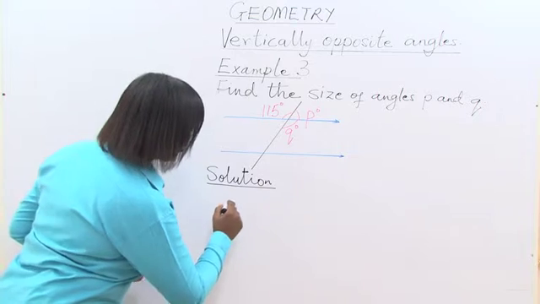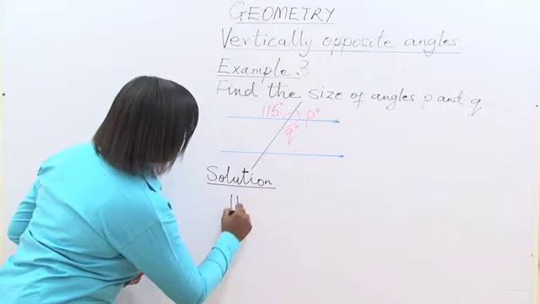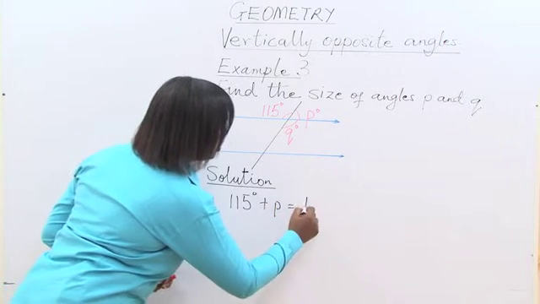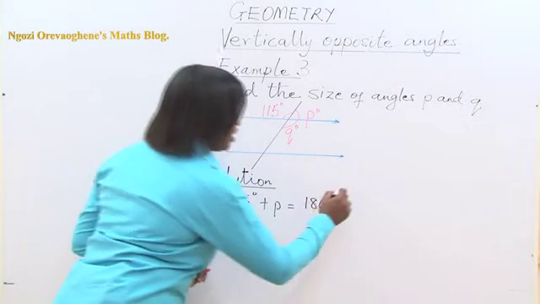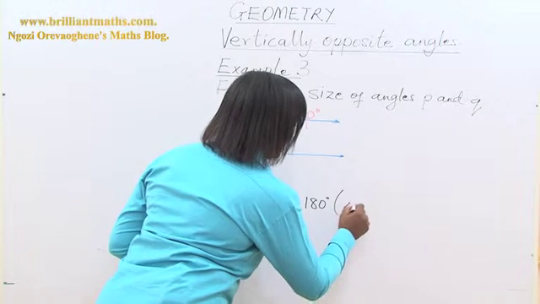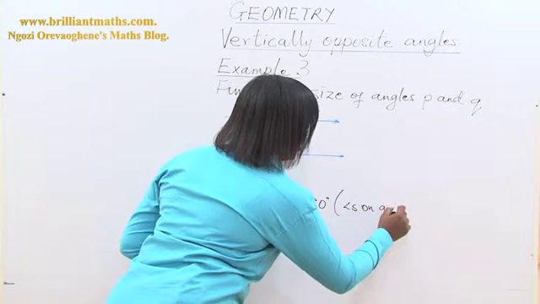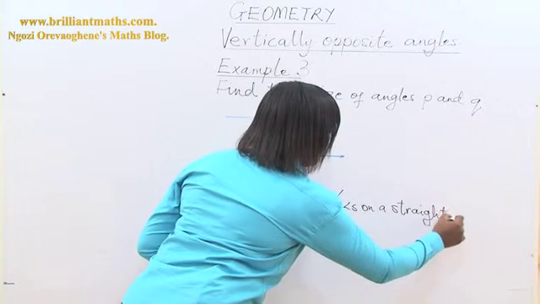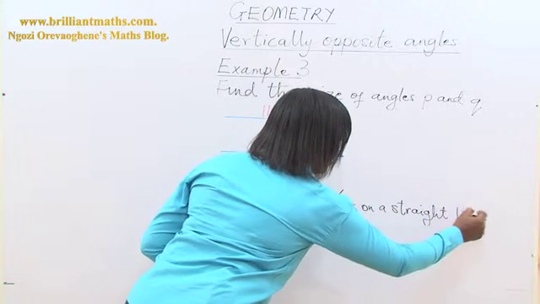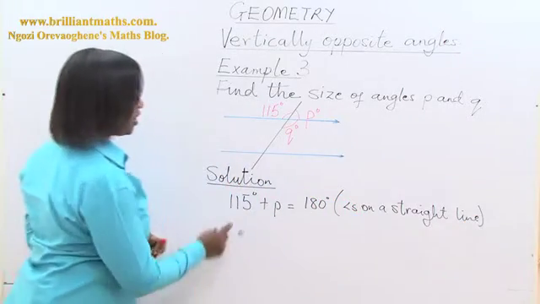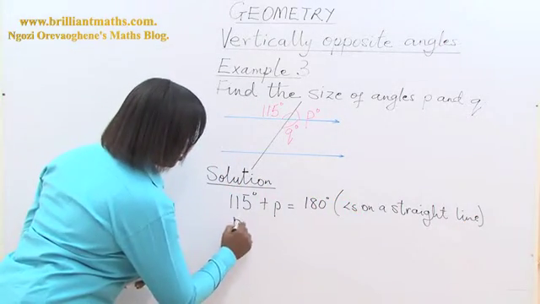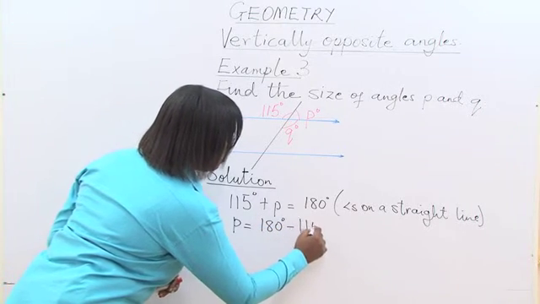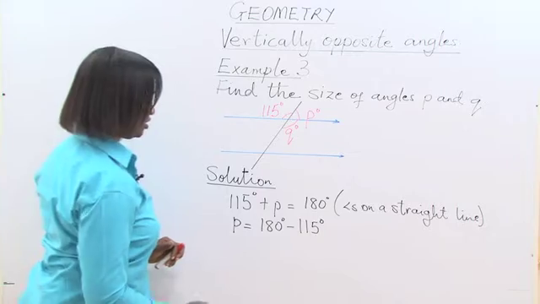So 115 degrees plus P is equal to 180 degrees. The reason is angles on a straight line. All right, so we have that P is equal to 180 degrees minus 115 degrees.